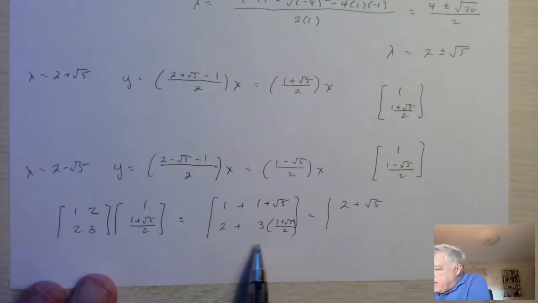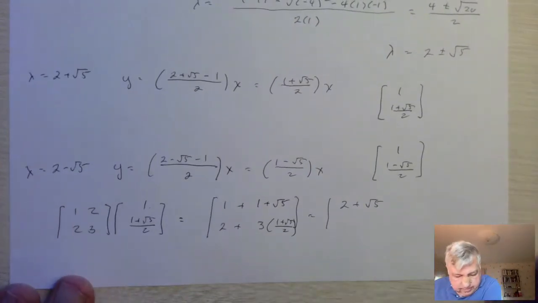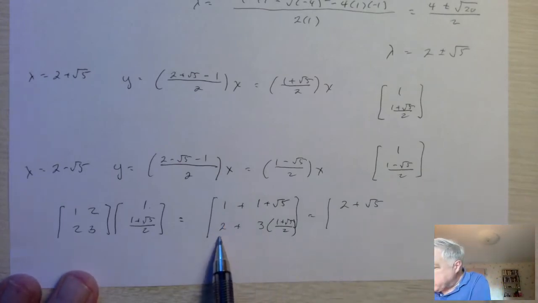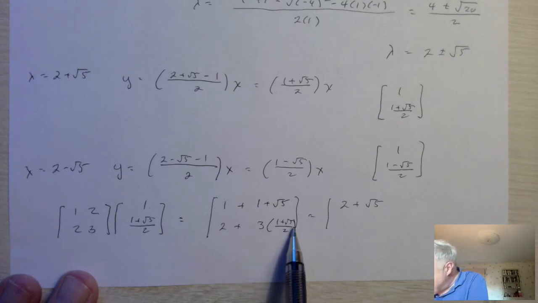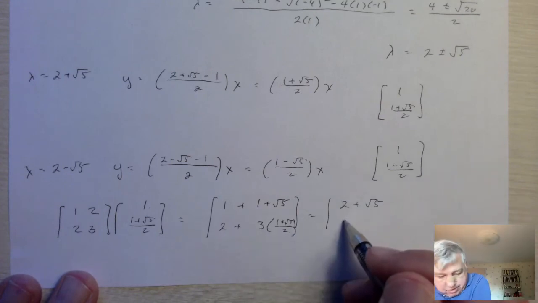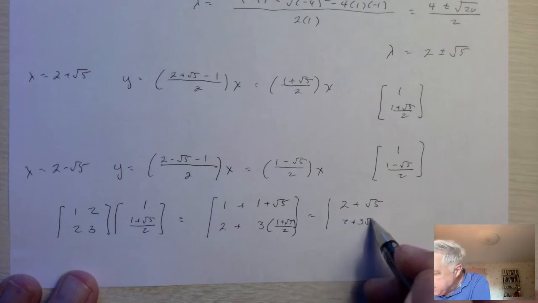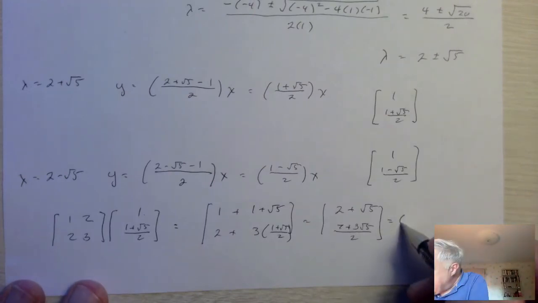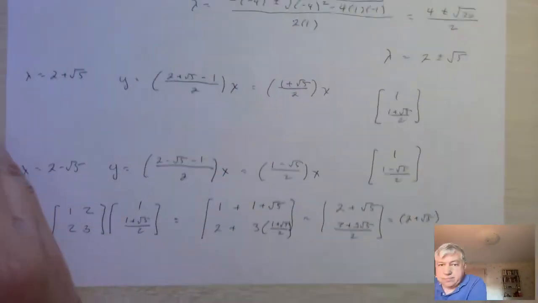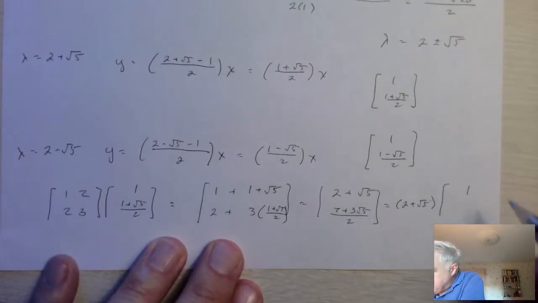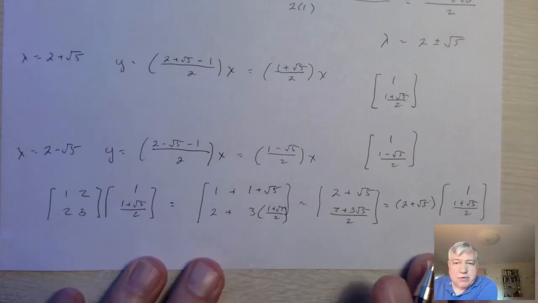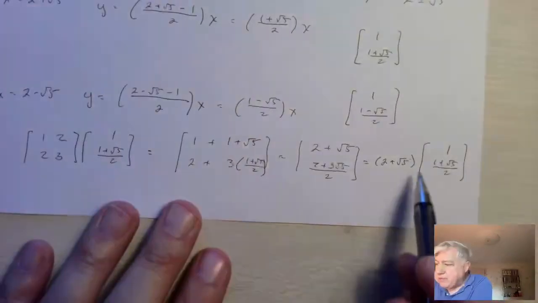And this, if we get a common denominator, is going to be 4 over 2 plus 3 over 2 plus 3 square root of 5 over 2. So this is going to be 7 plus 3 square root of 5 all over 2. And believe it or not, this is actually going to be 2 plus square root of 5 times 1 plus square root of 5 over 2. If you don't believe me on that last one, I don't blame you.